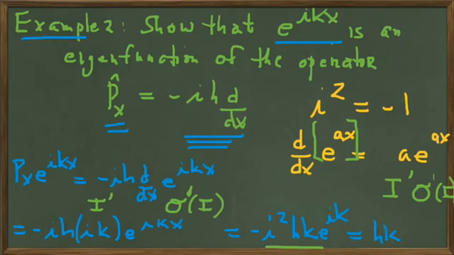So we have hk e to the ikx, and that is the same as hk times the function that we started with.